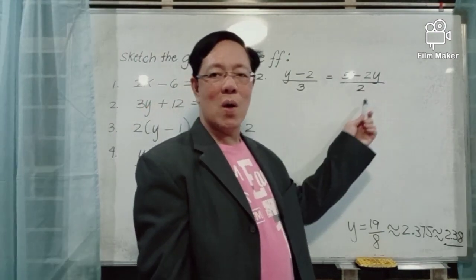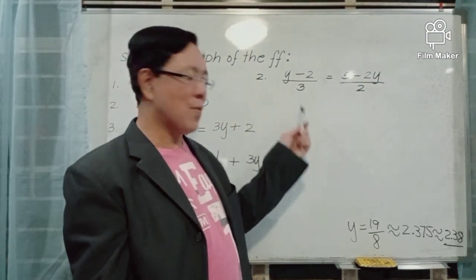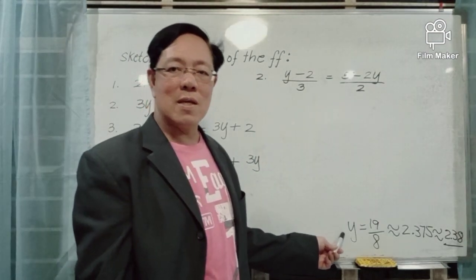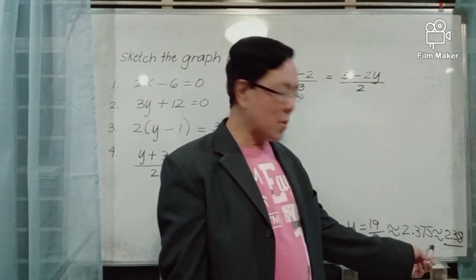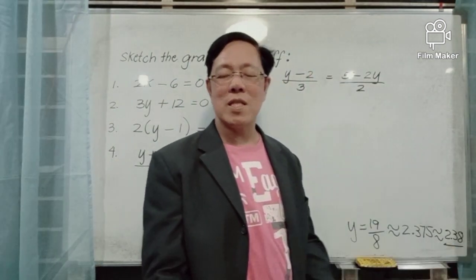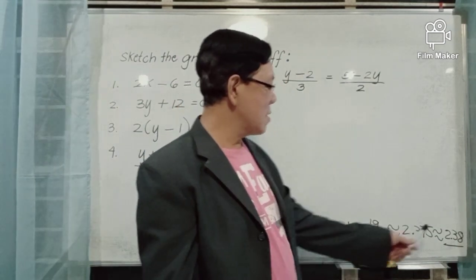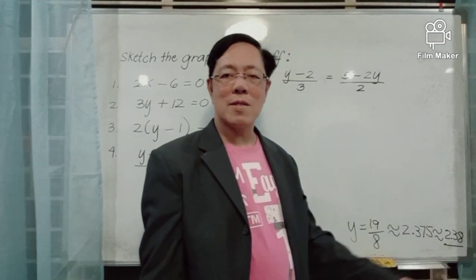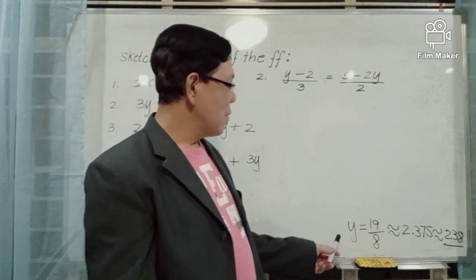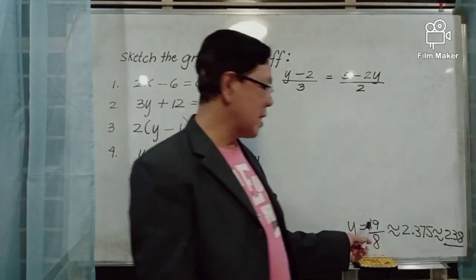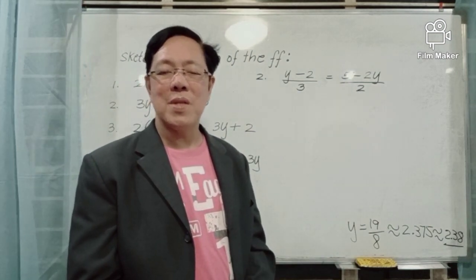When we solve this linear equation for the value of y, the solution we get is y equals 19 over 8, which is approximately equal to 2.38 to 2 decimal places. Thus, the next step is to locate this value 2.38 in the vertical axis or y-axis. Since the value of y is positive, 19 over 8, this point is a point on the y-axis above the x-axis.